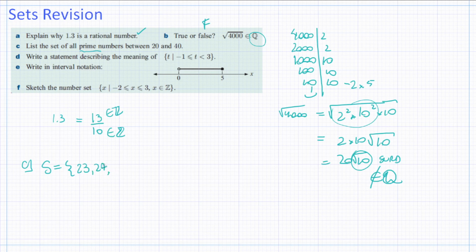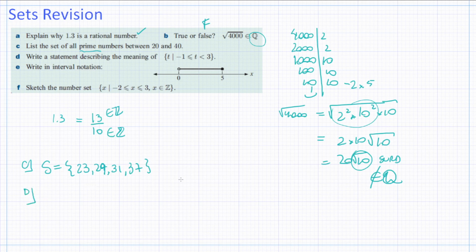So this is actually 29. 27 is divisible by 3. Right? 29, 30, 31, 32, 33, 34, 35, 36, 37, 38, 39, 40. That's it. So 23, 29, 31, 37. This is the set with all prime numbers between 20 and 40.